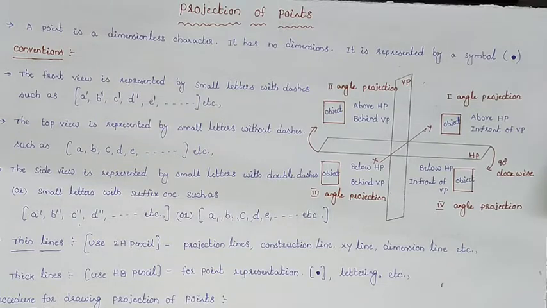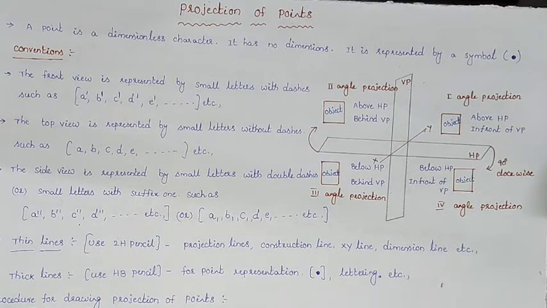The top view is represented by small letters without dashes: a, b, c. And the side view is represented by small letters with double dashes, or small letters with the suffix one: a double dash, b double dash, c double dash, d double dash, or a1, b1, c1, d1, like that.